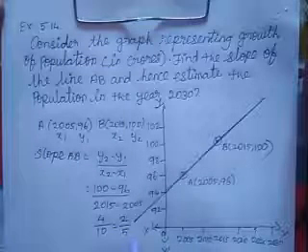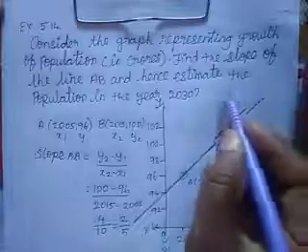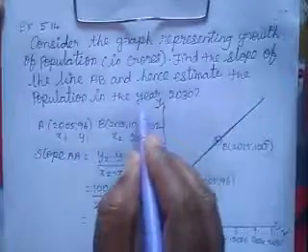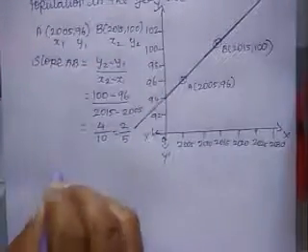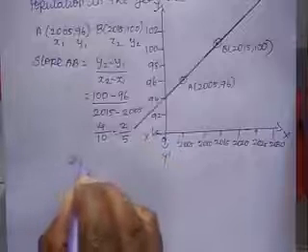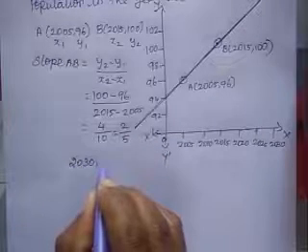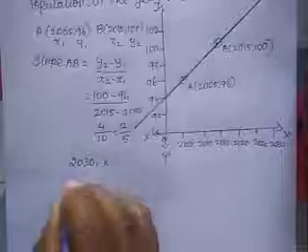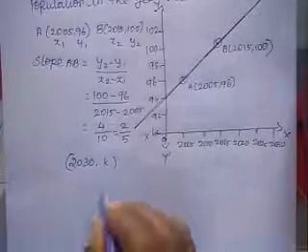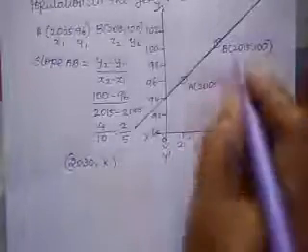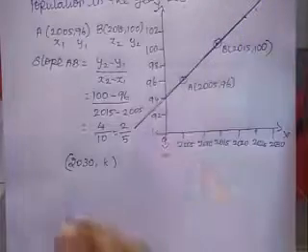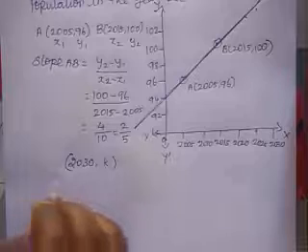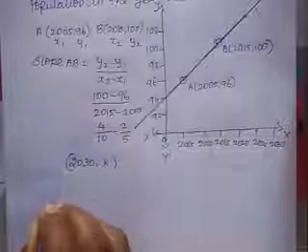Then they are asking, estimate the population in the year 2030. We don't know the population in the year 2030, so let it be K. Comparing A, B, C also, the graph is increasing, so we will find the slope of AC.